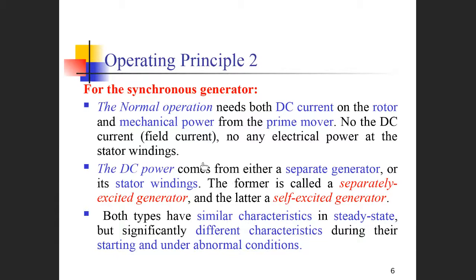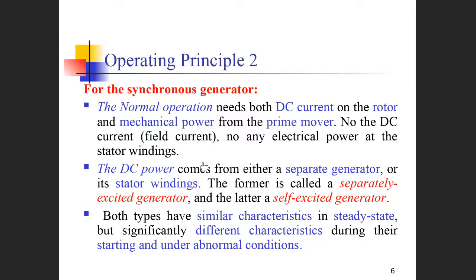Without the DC field current, no electric power at the stator windings is generated. Based on these statements, you should be able to describe the principle of the generator: we need a DC current on the rotor windings to generate a constant magnetic field, which together with a constant rotating speed of the rotor forms a constant rotating magnetic field.